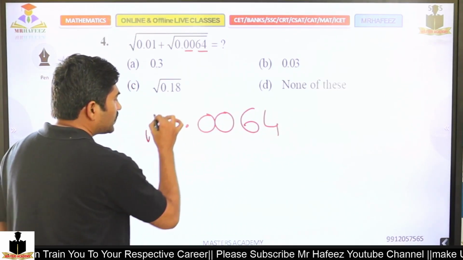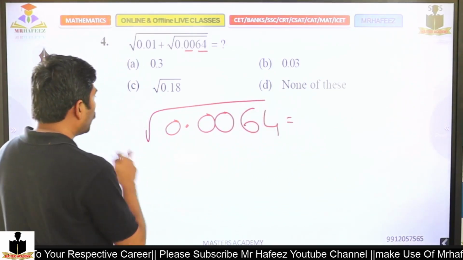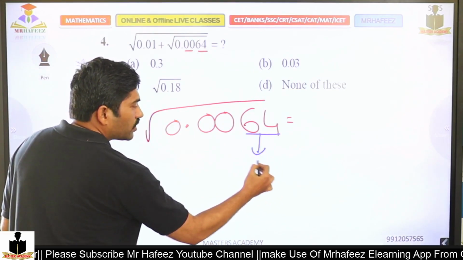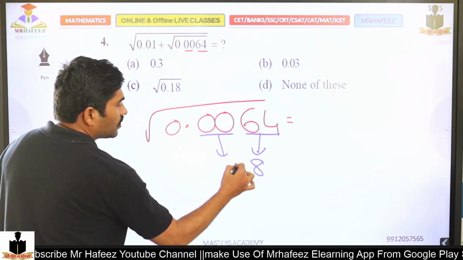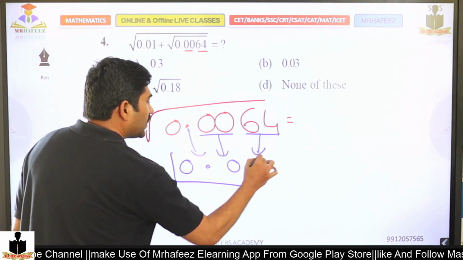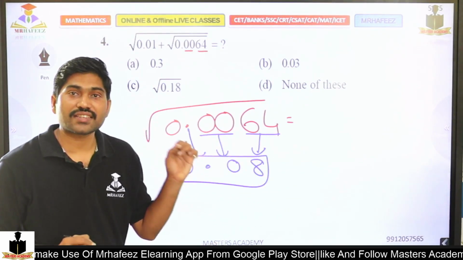0.0064. What is the square root value? 64 square root is 8, 00 square root is 0, the point I will get it. You should be able to understand this first.